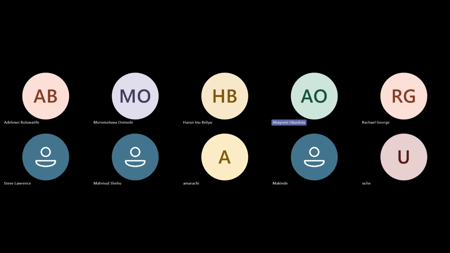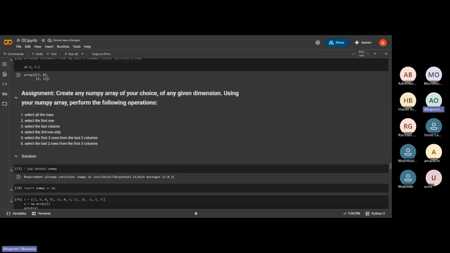Let me continue from here because of time and we need to get a lot done this evening. So let me just read through. Your assignment is to create a NumPy array, and please note, when you want to work on this assignment, I would advise you create a copy of the notebook on your drive. So how do you do that?